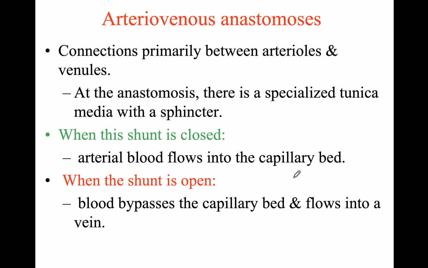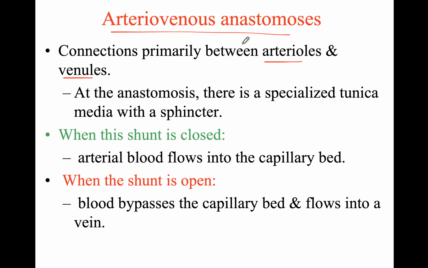Now I'm going to talk about the arteriovenous anastomosis. Most of the time we have artery, arteriole, capillary, then post-capillary venule, then venules and veins. But in some areas there is a direct connection between the arteriole and venules, and this we call the arteriovenous anastomosis.